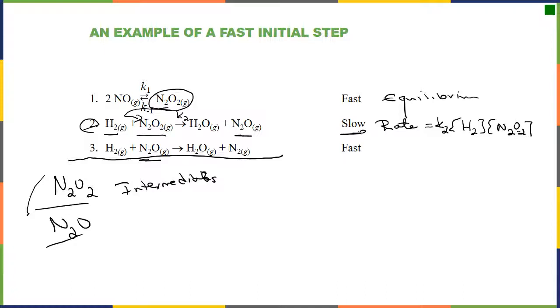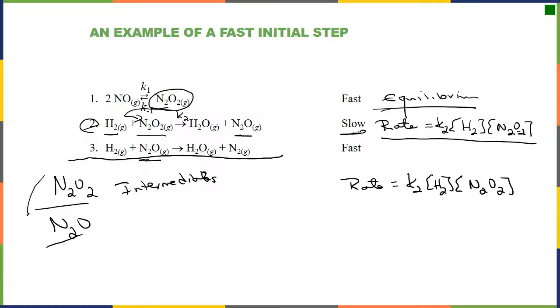So we have intermediates, and we have a rate law from our rate determining step. We're saying that if we go to the lab, we should find that the rate is going to equal k2, how fast that particular rate is, multiplied by how much hydrogen we have, multiplied by N2O2. But there's a problem. N2O2 is an intermediate, and we can't have intermediates in our rate law, mostly because we can't find them. It's too hard to do experimentally. So what do we do? Go to the equilibrium step, and solve for N2O2. So first, we're going to write the rate law from the slow step.